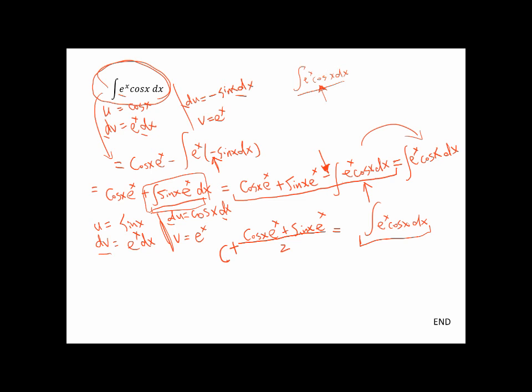The method is always fixed: if I put e to the x dx at the dv position and I set up my formula, I do integration by parts. When I see this again, I surely can come to here, which means as long as I have an impression that I can use this method, that's fine. I can solve it. Okay. We don't really need to remember this.